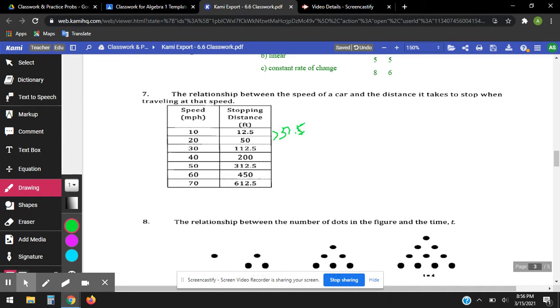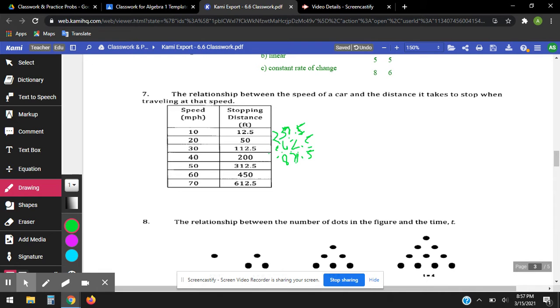I don't know why that's not writing. 112.5 minus 50 is 62.5. 200 minus 112.5 is 87.5. It's not writing at all for me.